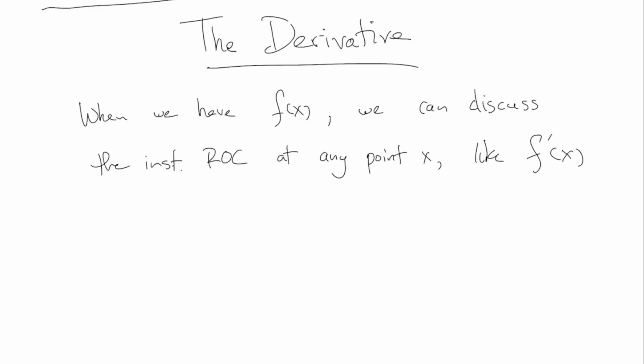F prime of x means it is a function which represents the rate of change of the original function, all right? We can discuss the instantaneous rate of change for various different points, and you get another function. So the idea is you start with one function, which describes something in real life or just abstractly. Then you can talk about how that original function is changing from point to point, and that gives you this other function, f prime of x, and that's called the derivative.